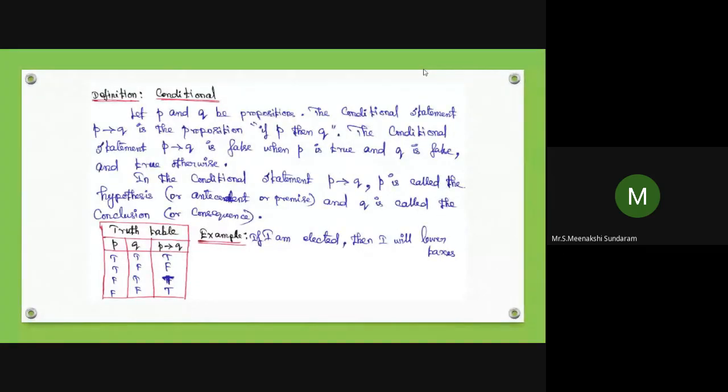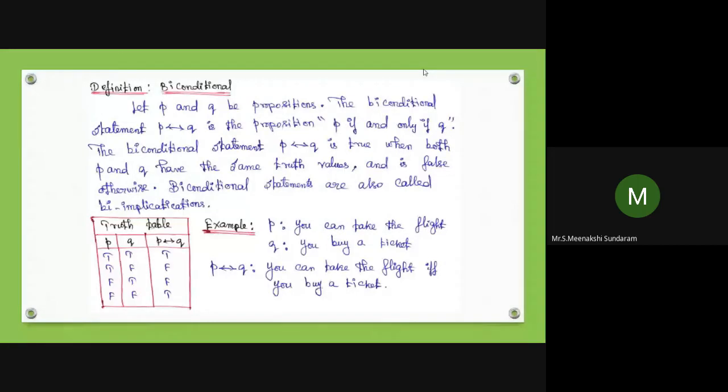And biconditional, both cases will come. If both of the inputs are the same, then the output is true. For conditional, true, false, only false. All the other cases are true. Here, if one of the inputs is different, the output is false. If both inputs are the same, we can say it is true.